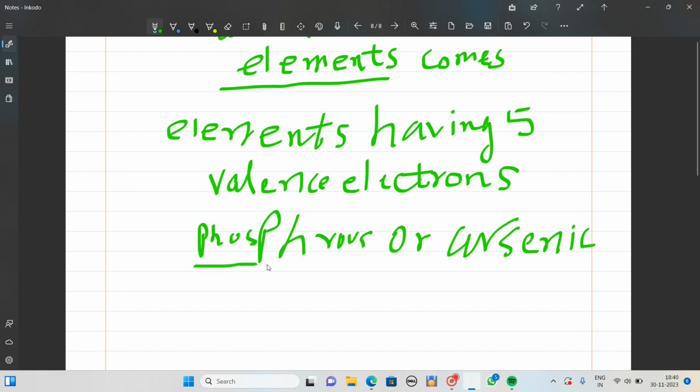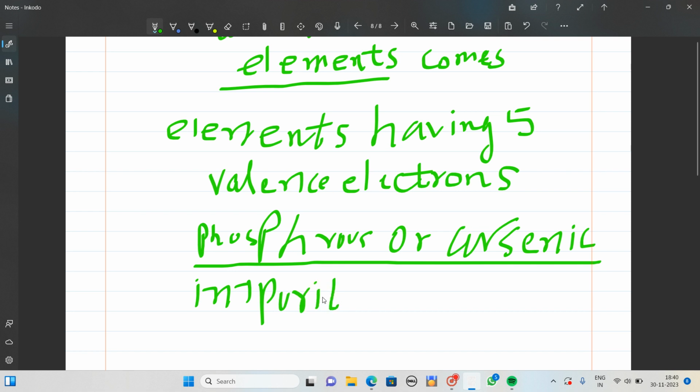These are basically impurities. So why are these added?